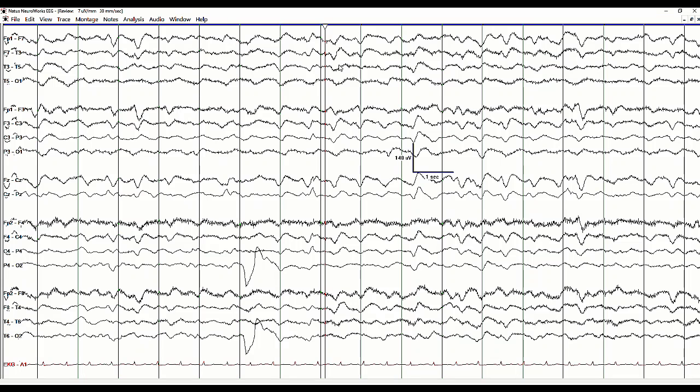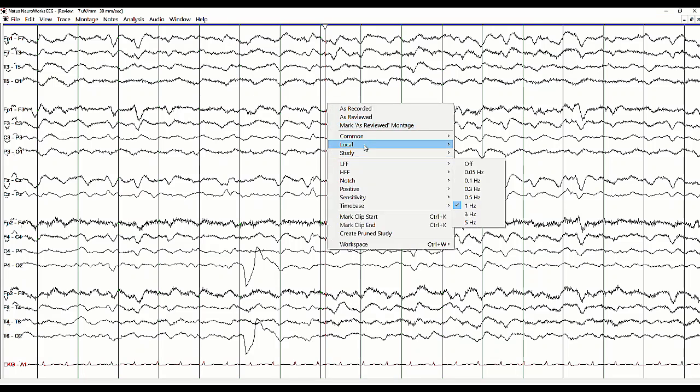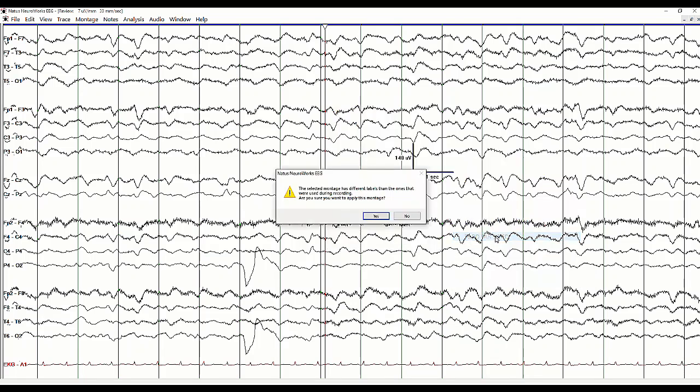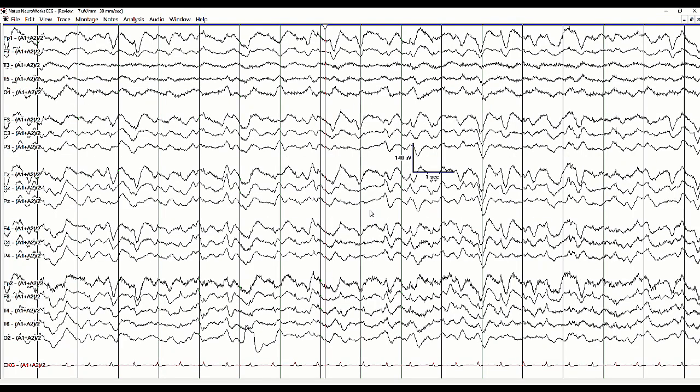So let's change our montage, and we're going to go to an ears tied referential montage. That takes A1 and A2, adds them up, and then divides them by 2. So you mitigate or reduce some of the artifact which could possibly be occurring in either of the A1 or A2 electrodes.